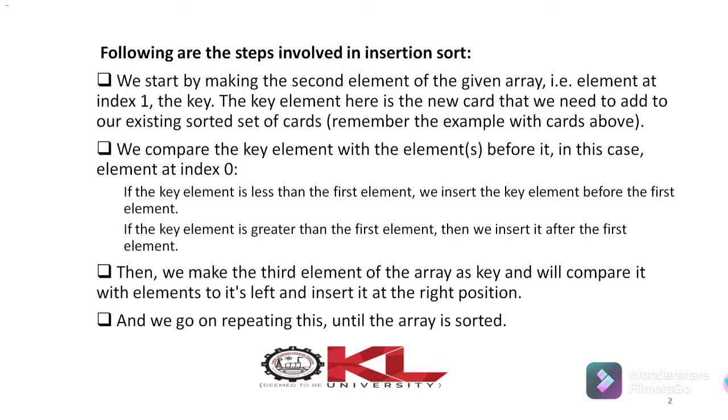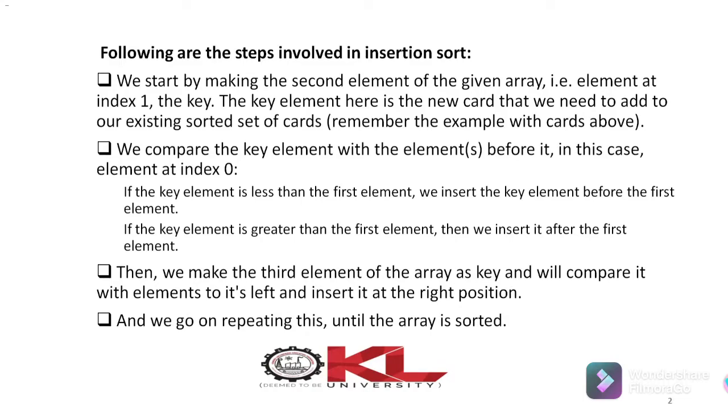We are inserting the element in its exact place. For that, the cards which are greater than the card we are going to insert at the appropriate place are shifted one step right.